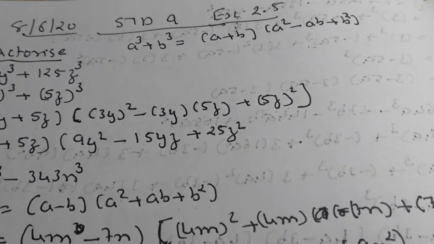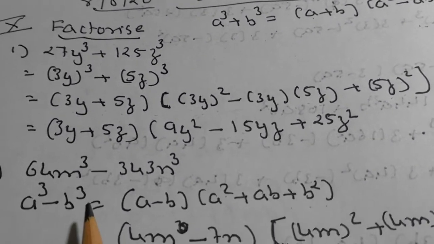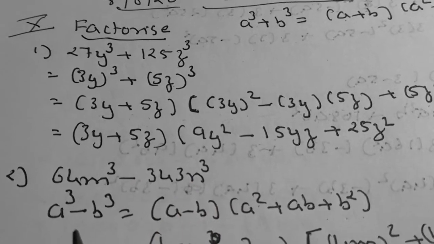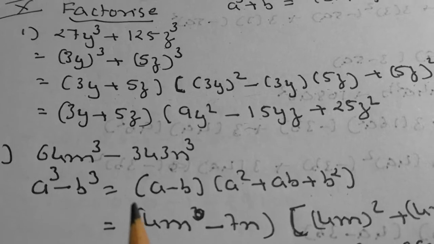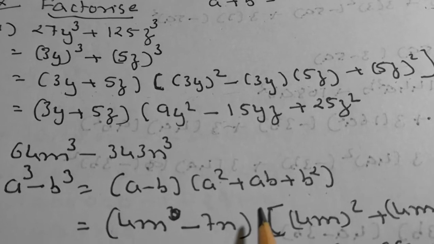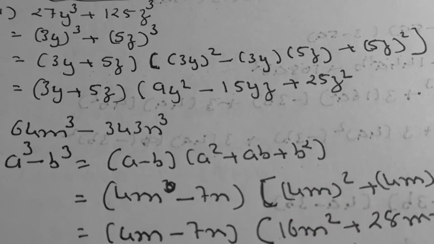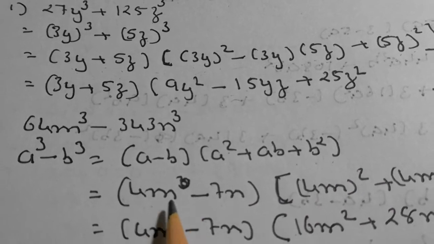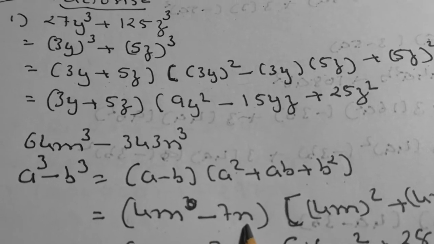Okay. Well, second question is 64m cube minus 343n cube. So it is a cube minus b cube. The identity I have written: a minus b into a square plus ab plus b square. So first term and second term: 4m minus 7n.